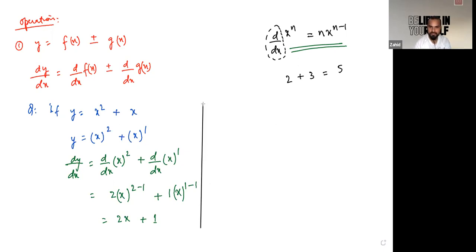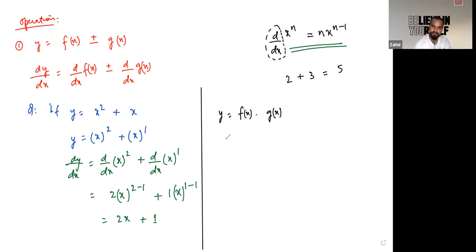Now we have some other rule regarding it. Next is called the product rule. Suppose you have y is equals to f(x) multiplied by g(x), two different functions multiplied with each other.